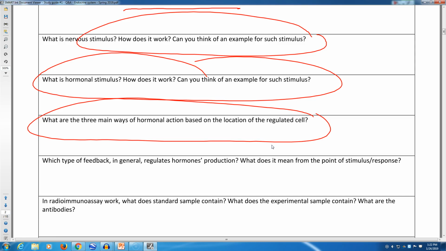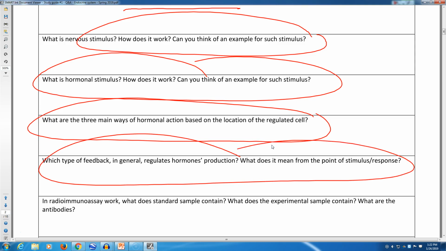Negative feedback: I'm not going to ask you what type of feedback, but keep it in mind and apply the knowledge of negative feedback to your answers. You can check, did I answer this correctly? Does that represent negative feedback? Am I clear?